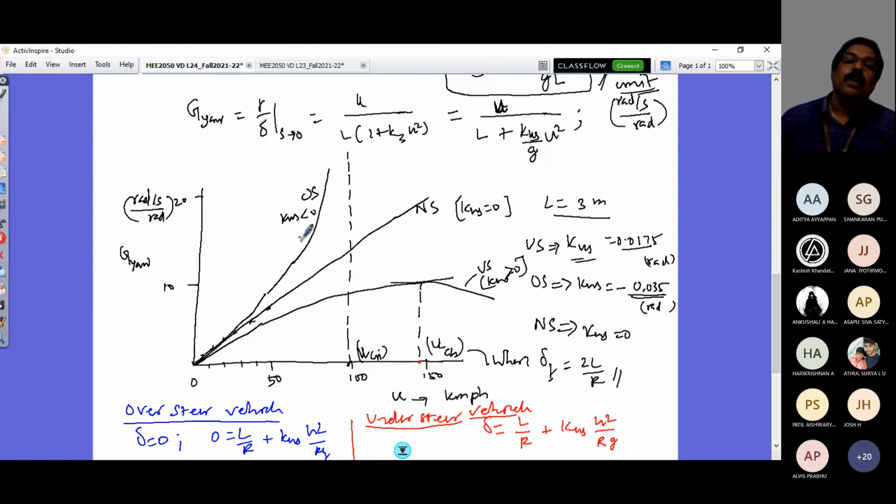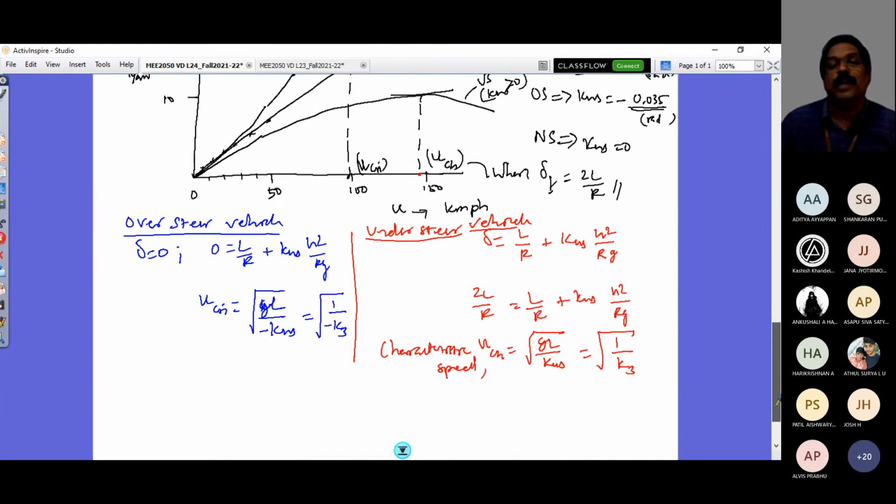So, what do you mean by that? An oversteer vehicle is more sensitive to the steering input. That's the meaning of an oversteer vehicle. Whereas an understeer vehicle is the least responsive to your steering input. So, if your vehicle is given a steering input and you say the vehicle is very sensitive to my input, that means that vehicle is an oversteered vehicle.